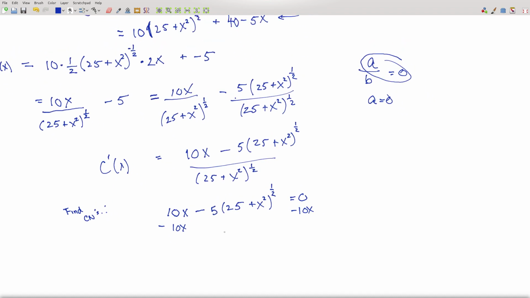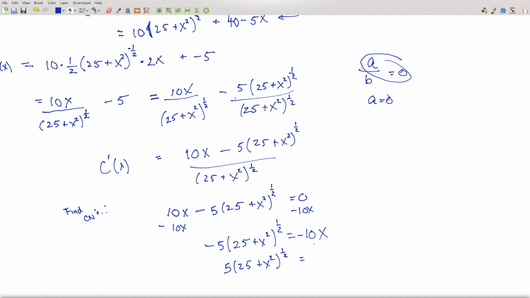So now I have negative 5 times the quantity 25 plus x squared to the 1/2 power equals negative 10x. How about if we multiply both sides by negative 1? So you multiply negative 5 by negative 1 and you get 5 times the quantity 25 plus x squared to the 1/2 power.